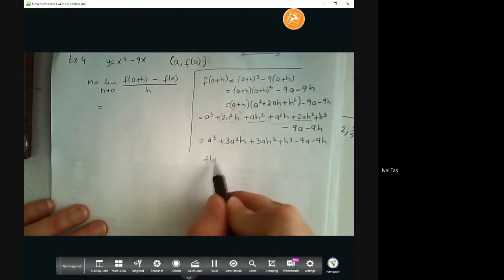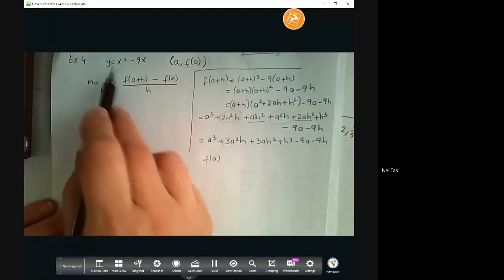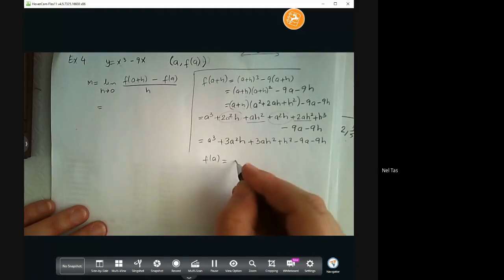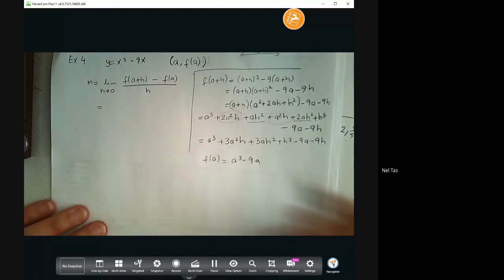Okay. We also need f of a. So substituting a, you get a cubed minus 9a.